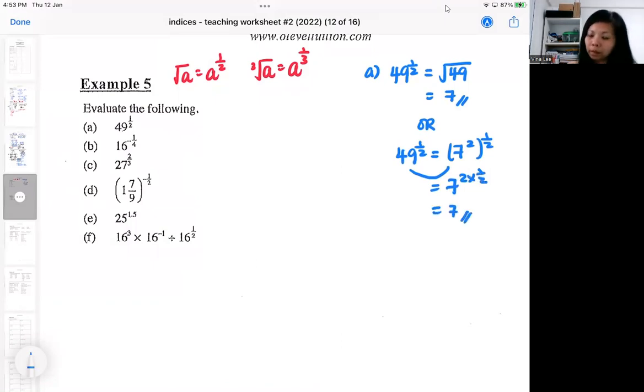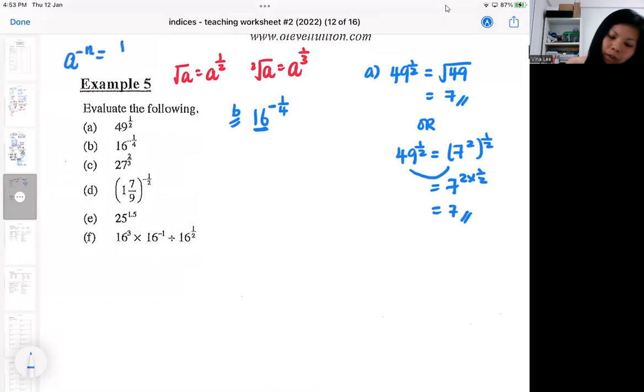It's your choice. So the next one, we start to get a little bit more complex. The fraction, the power is negative. So again, if you ignore the fraction, this is a negative power for a whole number.